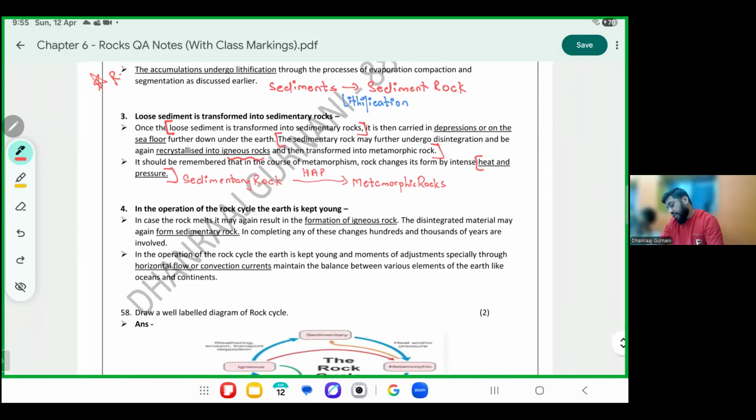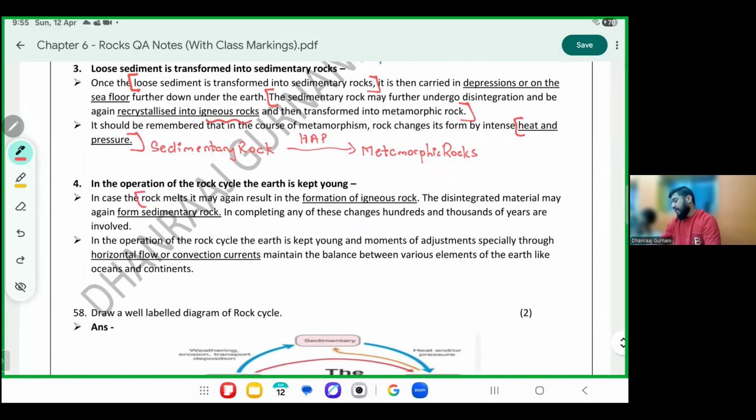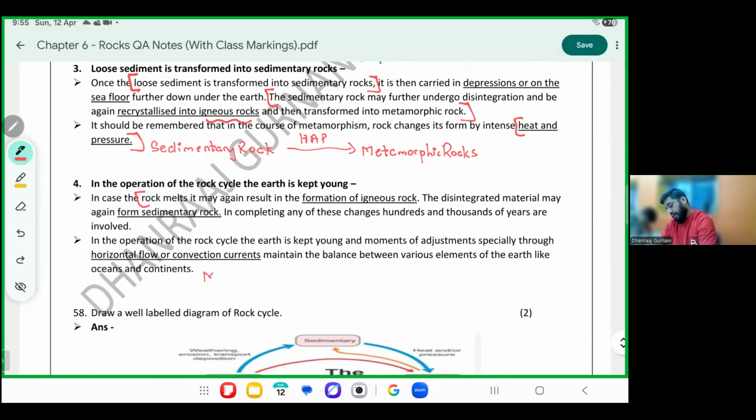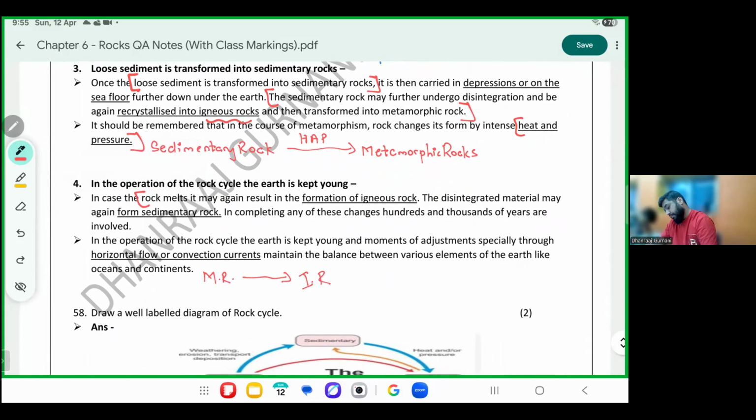In this operation, the rocks may melt once again. Metamorphic rock may turn into igneous rock again. The disintegrated material may form into sedimentary rock once again.